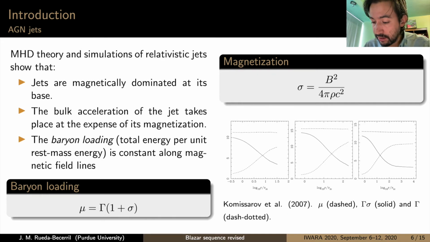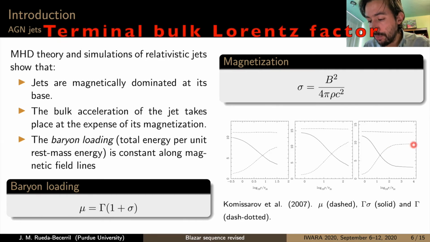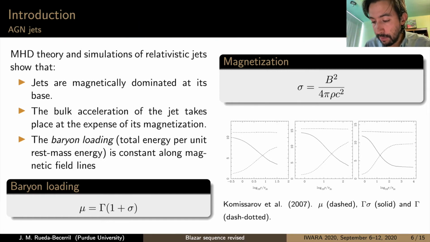We can see that the bulk Lorentz factor grows as the jet goes farther from the core and reaches the terminal bulk Lorentz factor. But the baryon loading stays constant. So this is something that we are going to keep in mind.